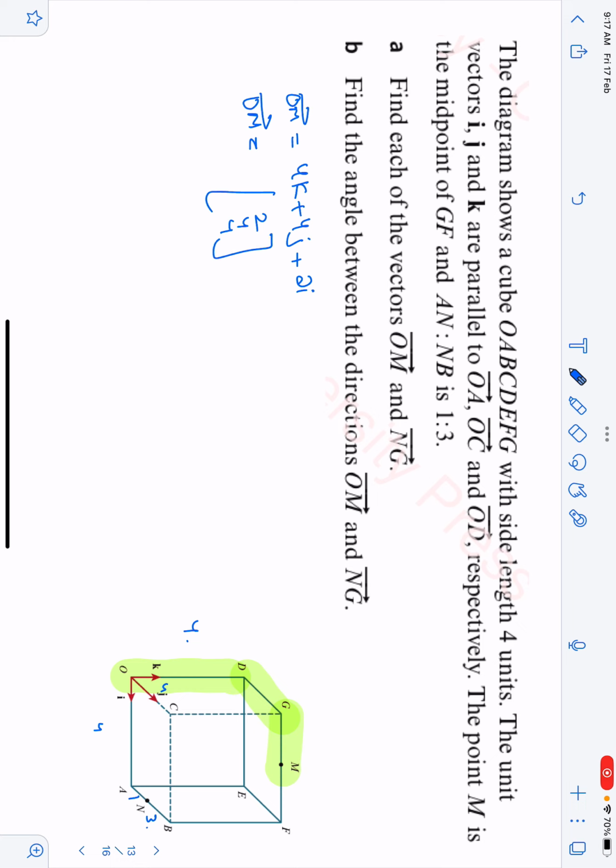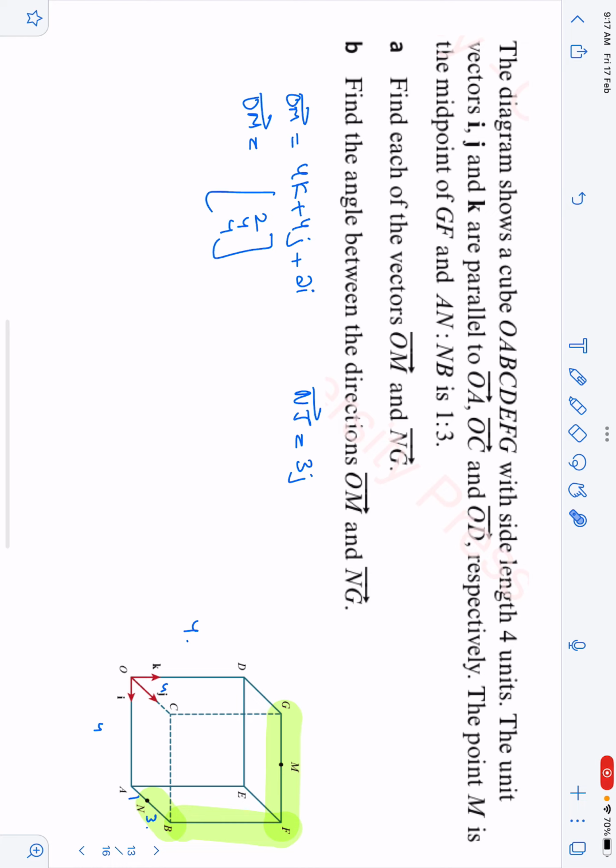Then I have to find out NG. For NG, I can go this way, then I can go up, and then I can go backwards like this. You can take any other alternate path also, there's no problem with that. NB is going to be 3j, because this is one part, this is three parts.